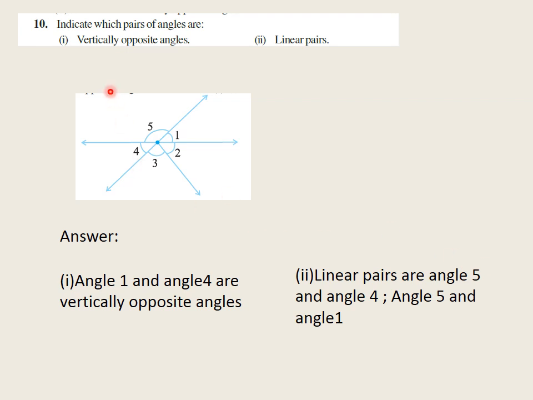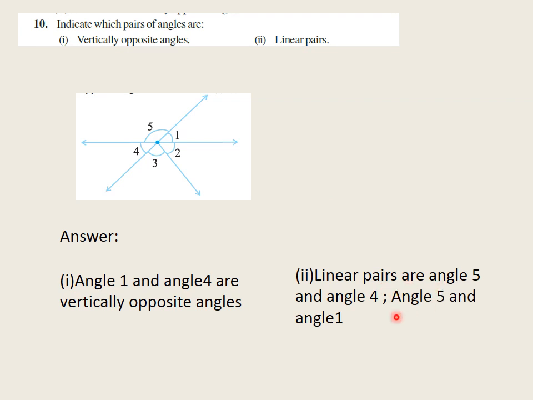Here, which are adjacent angles? Angle 5 and angle 4 are adjacent angles, and angle 5 plus angle 4 is equal to 180 degrees because they form a straight line. So angle 5 and angle 4 are linear pairs.